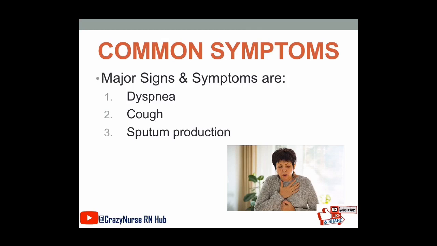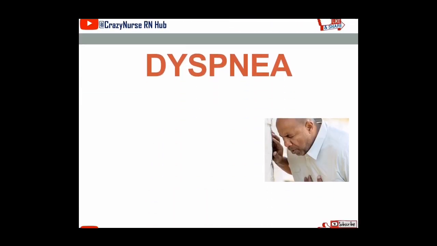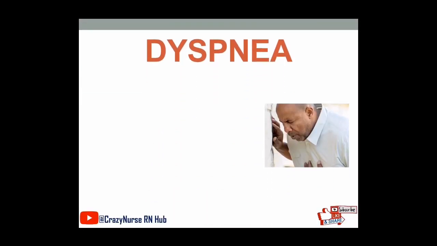The patient might produce sputum. Chest pain. The patient might have wheezing, hemoptysis. Okay, so these are the 6 major signs and symptoms that you should take note of in assessing the respiratory condition of your patient. First, let's discuss dyspnea.